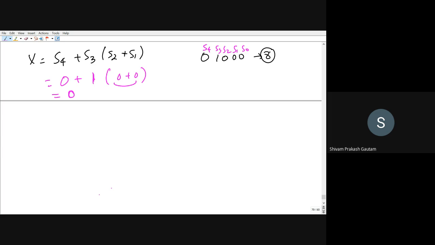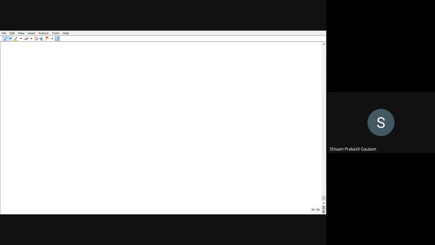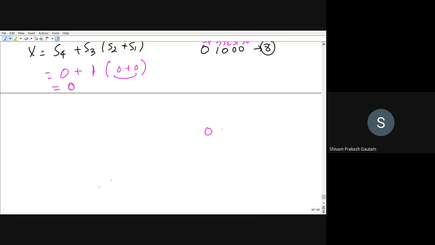Again, if you check for one more legal bit, let us say 0, 0, 1, 1. This is 3. This is also a legal bit. So in 5 bits, this can be this. So this is S4, S3, S2, S1 and S0. What was our logic?